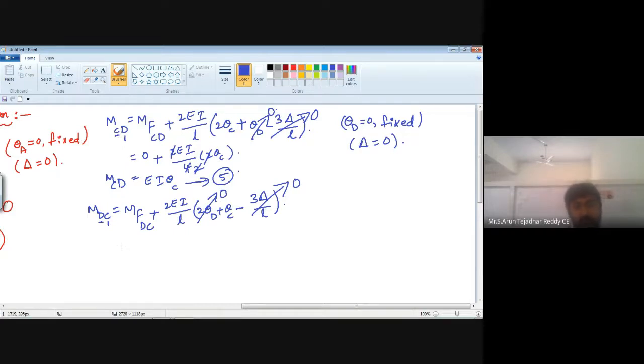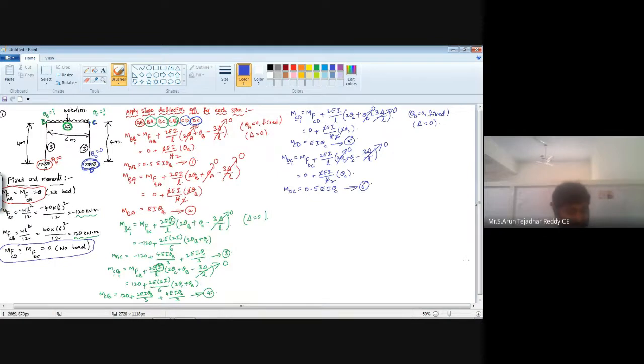Now substitute the remaining values: the fixed end moment DC is 0 plus 2EI by the D to C span, 4 meter, into theta C. Now MDC is equal to 1 by 2, it means 0.5 EI theta C. This is your sixth equation.